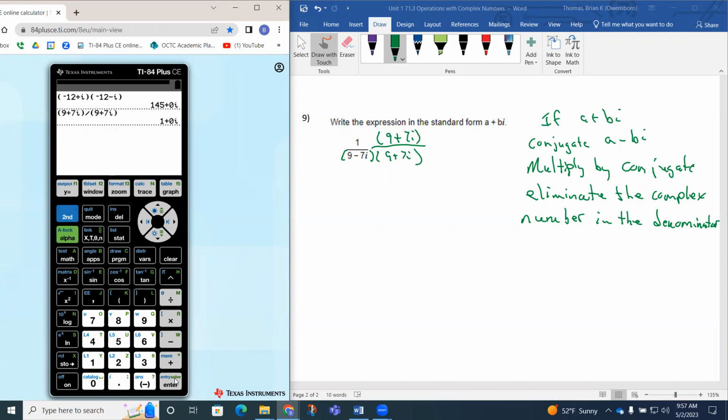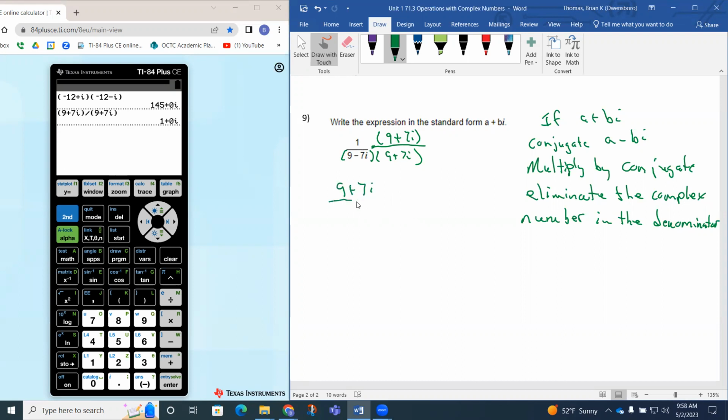So remember, if you multiply by 1, it does not change the value of something. It creates an equivalent fraction. So in theory, we're multiplying by 1, but the way it looks is we're multiplying the numerator by 9 plus 7i, and we're multiplying the denominator by 9 plus 7i. So the numerator, since the numerator is just a 1, 1 times 9 plus 7i is still going to just be this 9 plus this 7i.